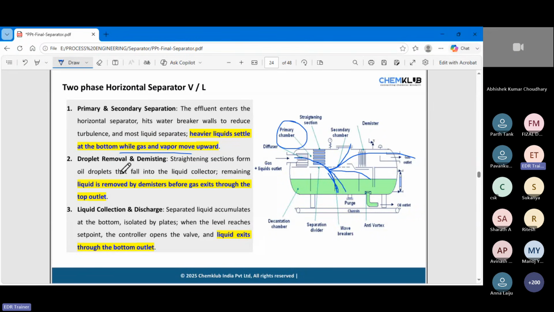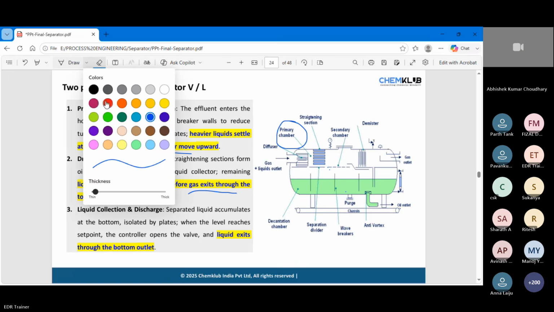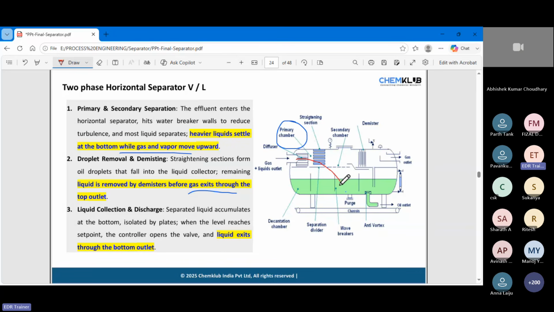Right? Droplet removal, I mean demisting, means liquid is removed by the demister before the gas exits through the top outlet. If you can see here, this is the exit outlet of the system. When you have vapor and liquid separated out, here is the exit.